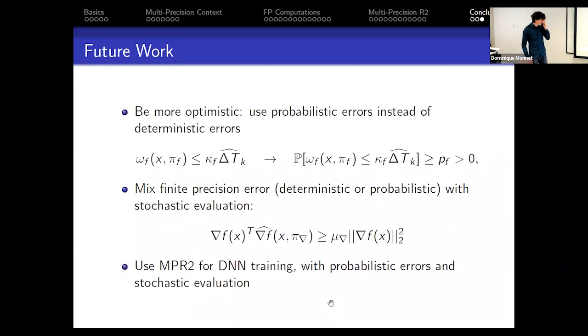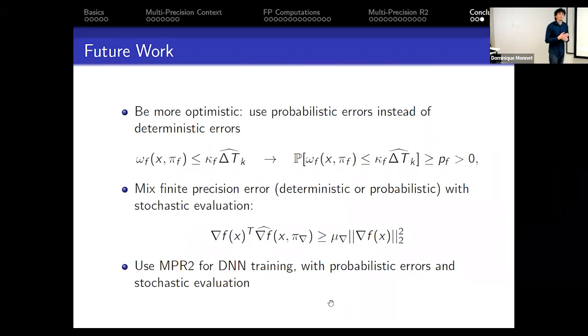And what can we do about this pessimism I was talking about? Instead of having these four conditions here, I just need some probability that my condition is respected. So here we won't have the guaranteed deterministic convergence proof that we have with AR2.